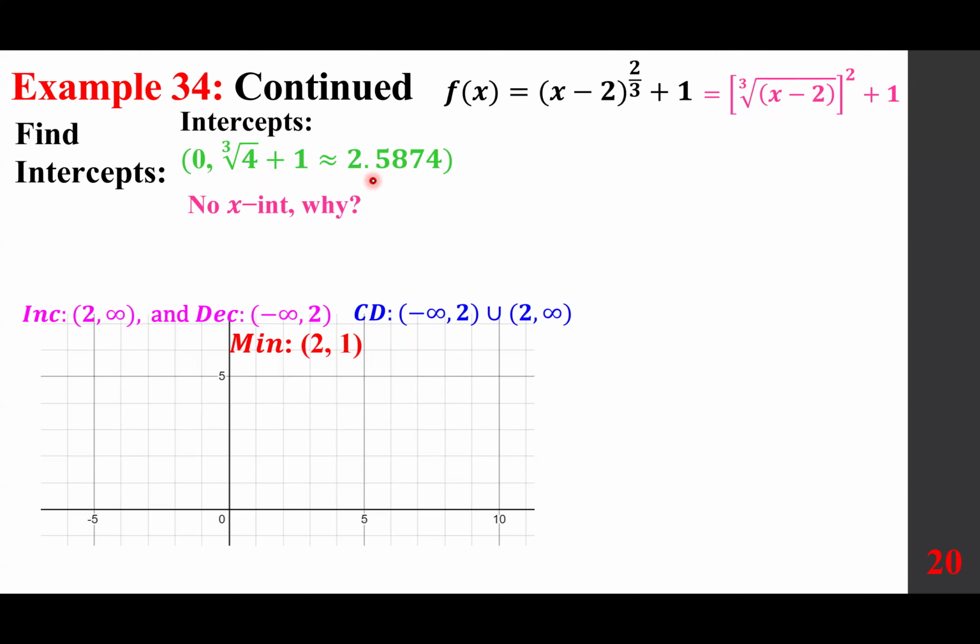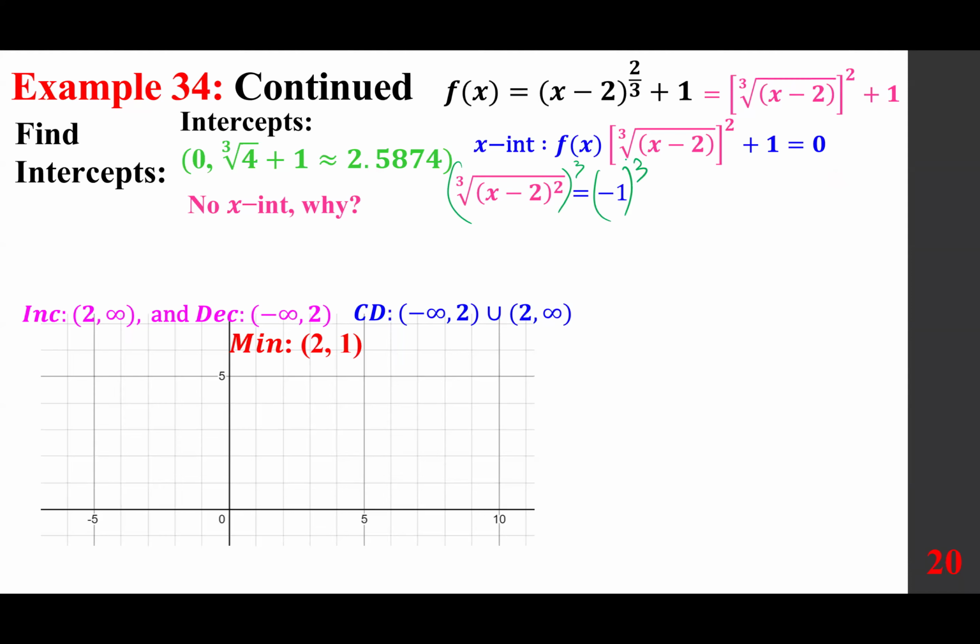There is no x-intercept. Why not? Let's find out. In order to find the x-intercept, you set the y or f of x equal to 0. I'm going to move the 1, it becomes negative. Then I'm going to raise both sides to the power of 3 because it's a cube root.